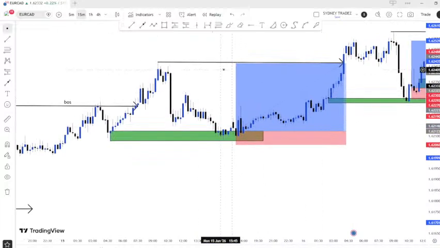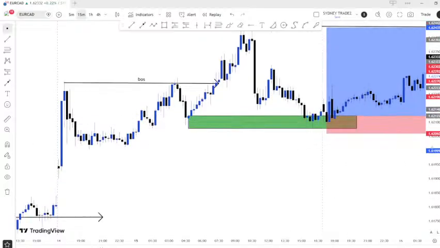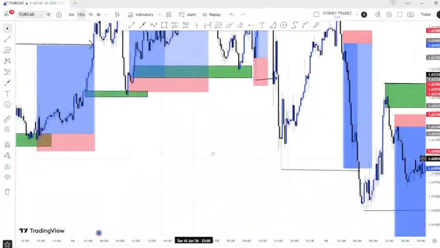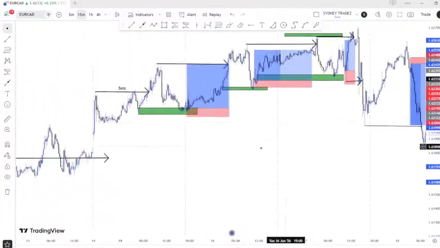That is our take profit, which is another break of structure. But first, we should clear all these charts. But this is how last week was.